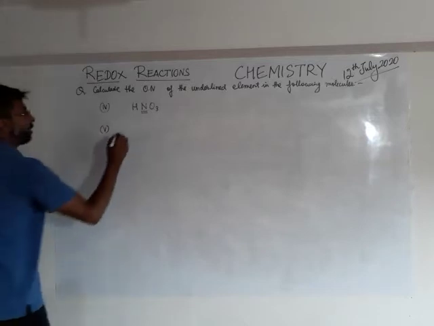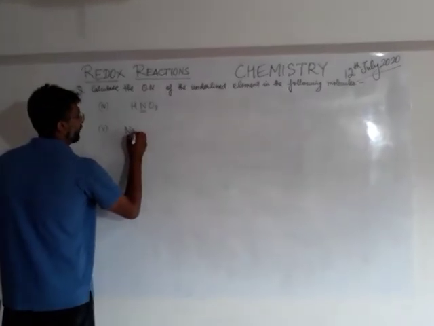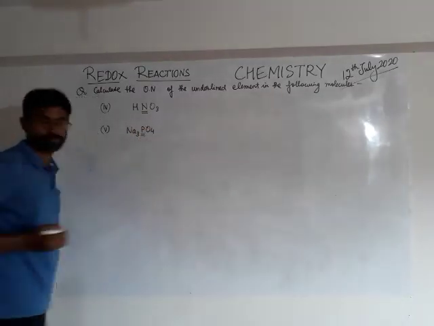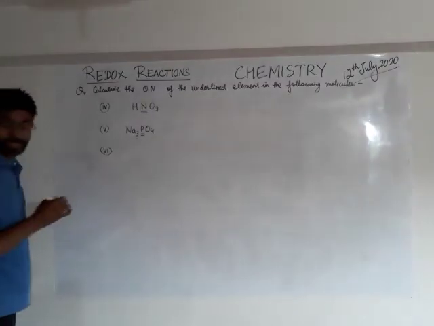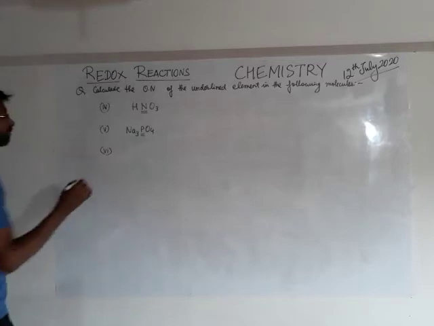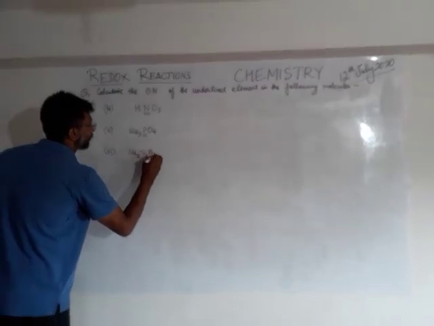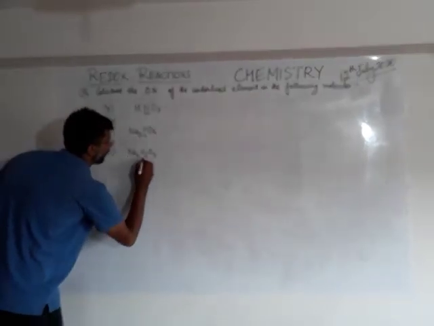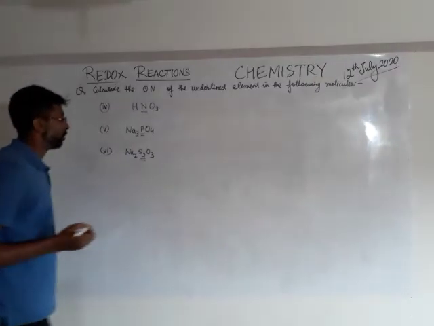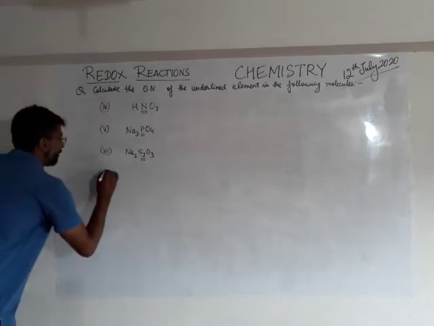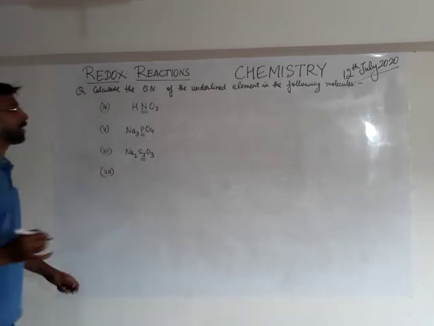Number 5 is trisodium phosphate, Na3PO4. Here I am underlining phosphorus. The next one, number 6, is Na2S2O3, sodium thiosulfate. In sodium thiosulfate, the underlined element is sulfur. So, number 4, number 5, number 6, and one more I will give you, number 7, which you will practice and try to get the correct answer.